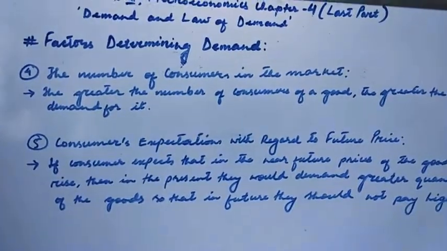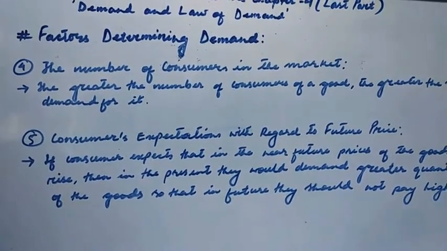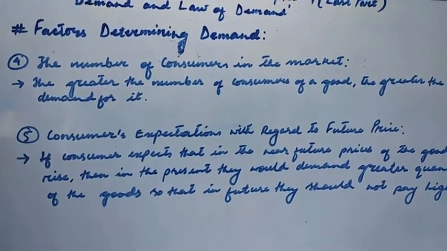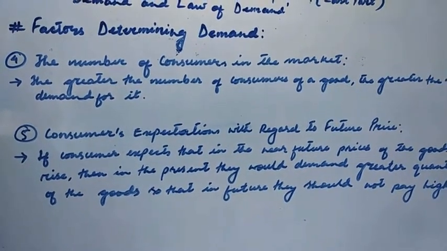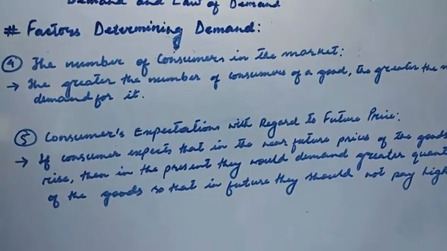So the next factor determining demand is the number of consumers in the market. We have explained that market demand is obtained by summing up all the consumers' demand in the market at various price levels.